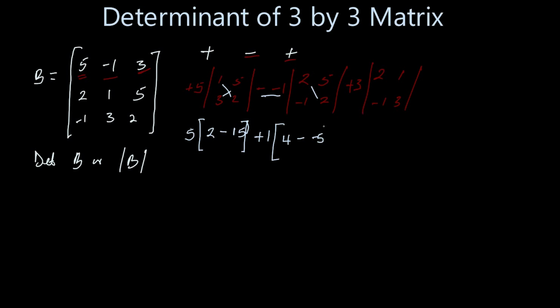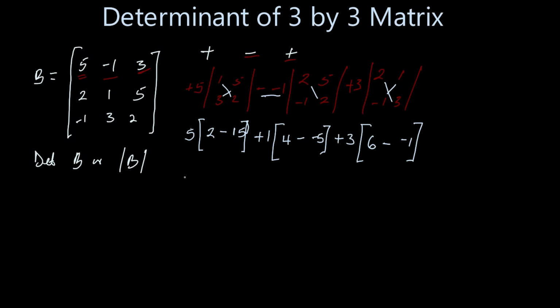So we have a minus 5. Then we have plus 3. Then we have 3 times 2, which is 6. Then minus 1 times minus 1 is minus 1. So we have minus 1.